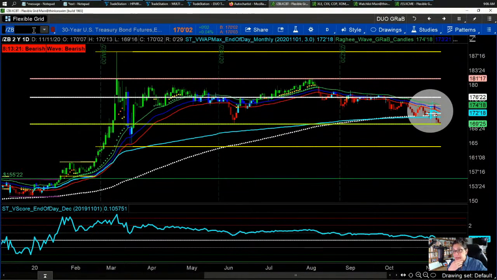But I think there's a few things we can still validate as support, and therefore we'll go in with options. Again, I'm going to use the TLT. Go out to January on these, gang. I'm eyeballing the 155 calls in TLT for January. What I like about this is the value area low, and the fact that we still have the mean on the V-score holding as support.